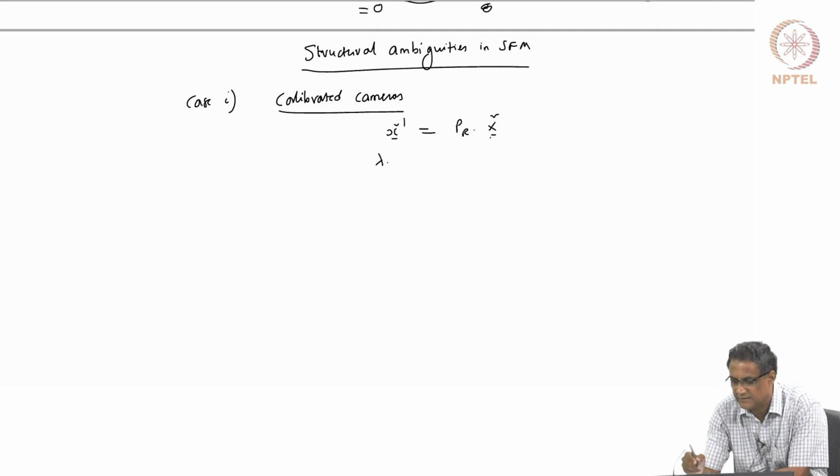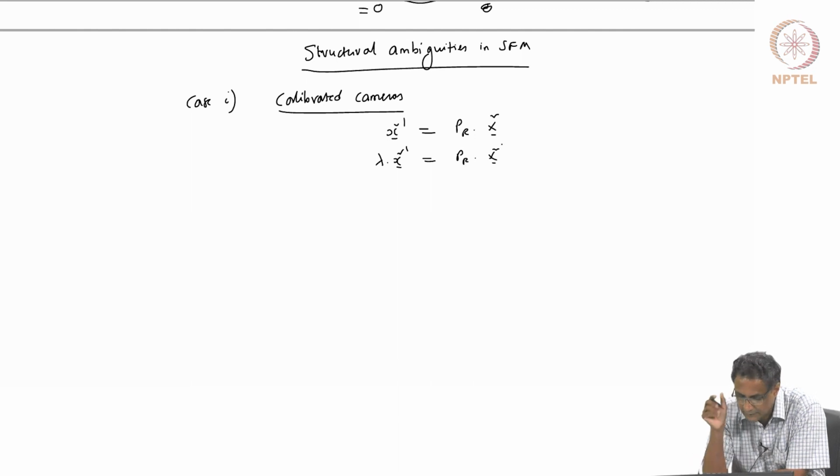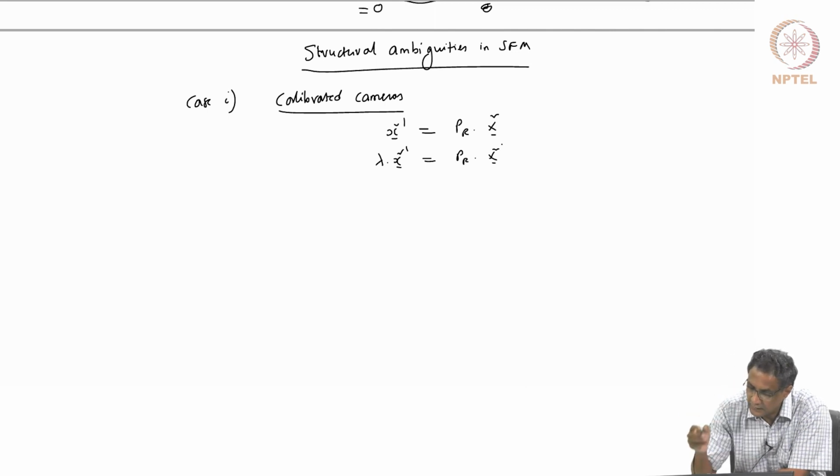Whenever I write this projective relation, we know that this is all valid up to a scale, so I can always put in a lambda not equal to 0 and say that it is still equal to this. It doesn't affect anything. I'm bringing this in just to bring in some notions about scaling, rotation and translation and all that.